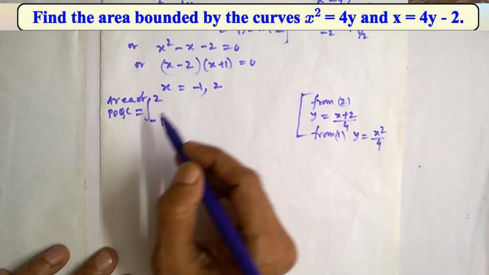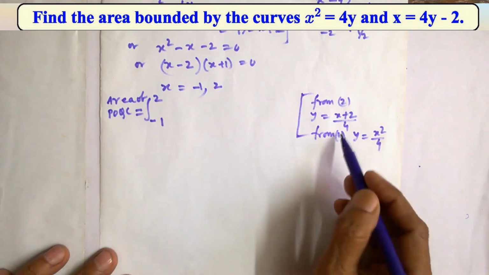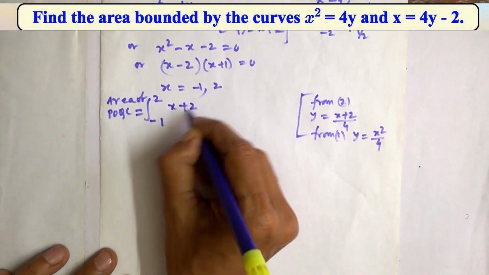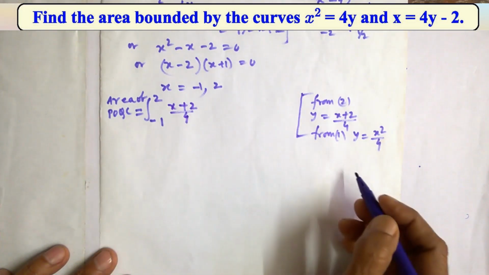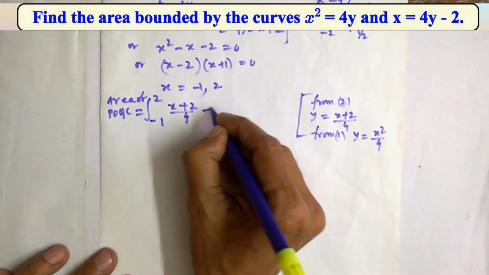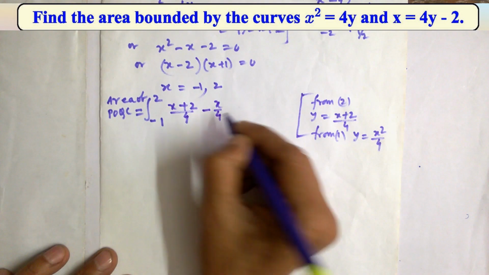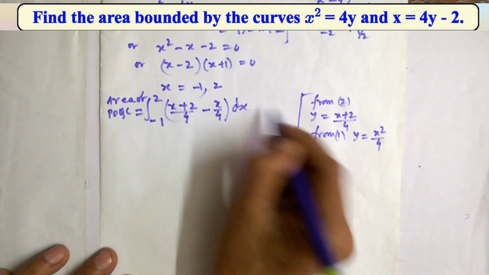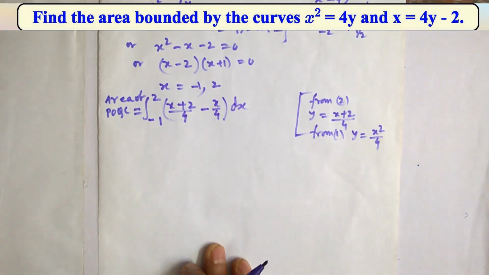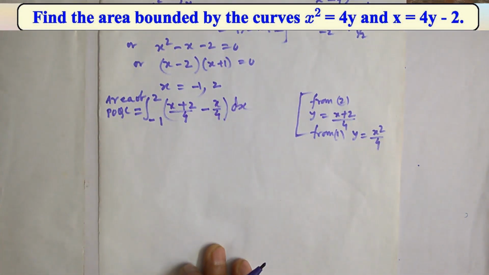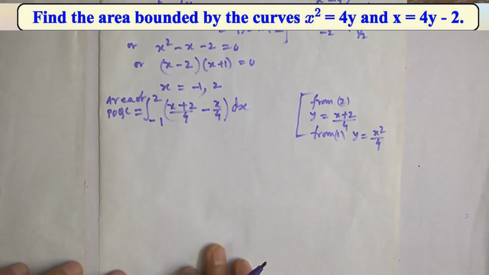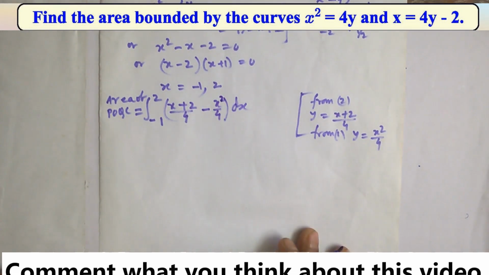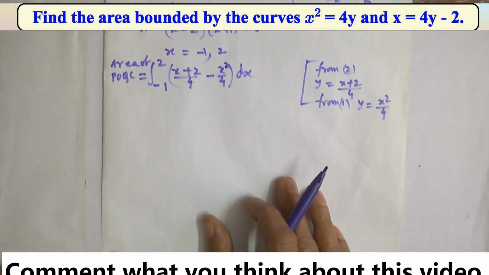So from minus 1 to 2, upper curve x plus 2 by 4 minus lower curve x square by 4, dx. One mistake: this will be square, y is equal to x square by 4.